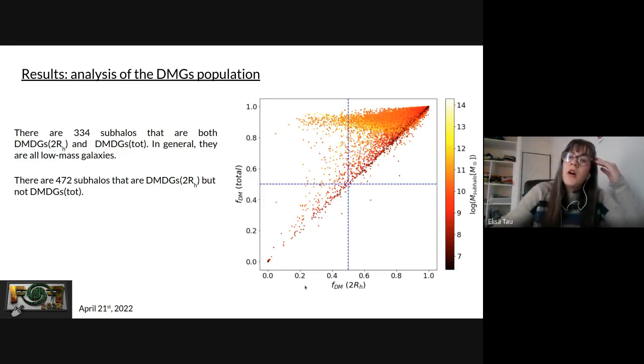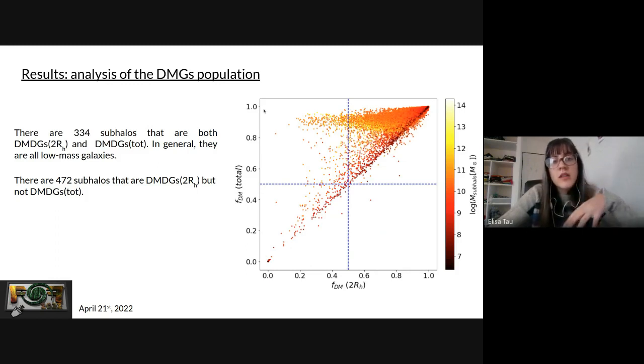And here, as you can see, those galaxies that turn out to be dark matter deficient when using all of their mass tend to be low mass galaxies. Here we have a color bar, and the darker the colors, the less massive the galaxy is. And the ones that were only dark matter deficient within their central regions are more massive galaxies.